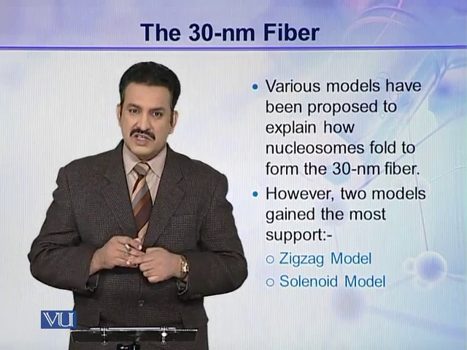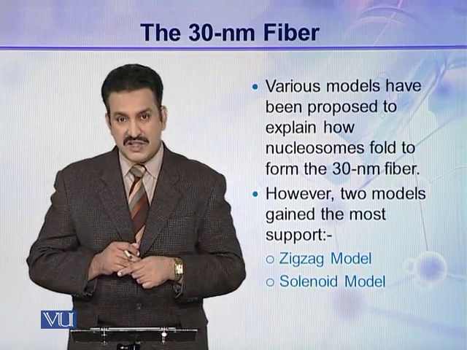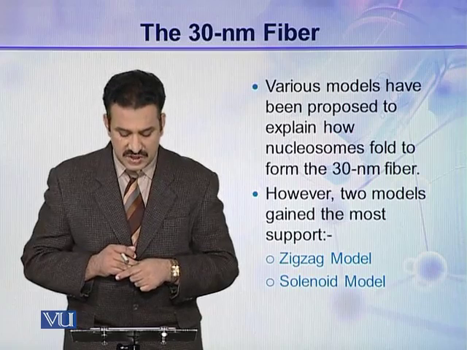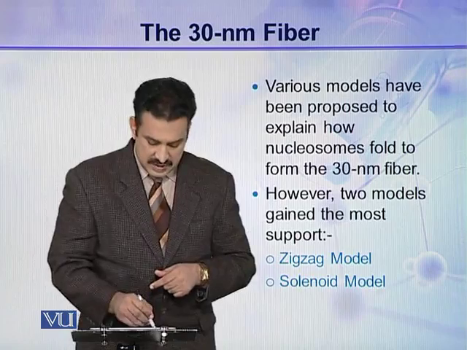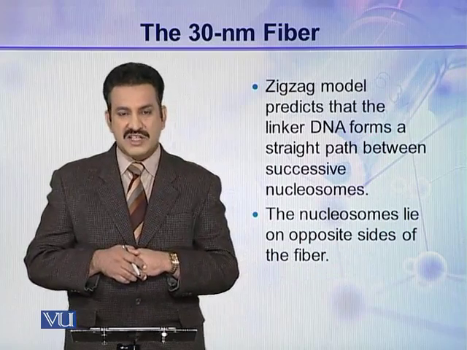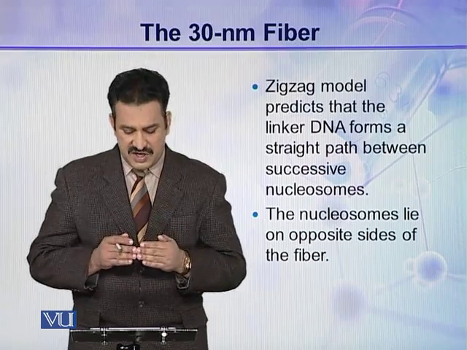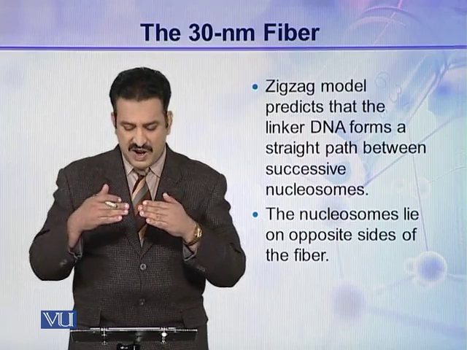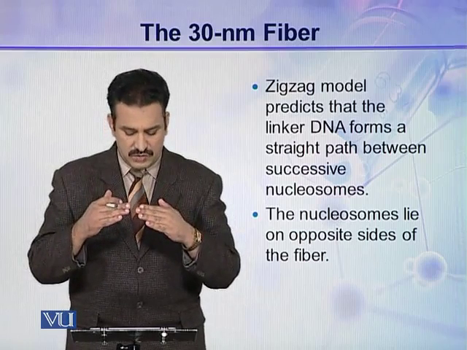Two models gained the most support, and these two models are the zigzag model and the solenoid model. So according to the zigzag model, the linker DNA forms a straight path between the successive nucleosomes.